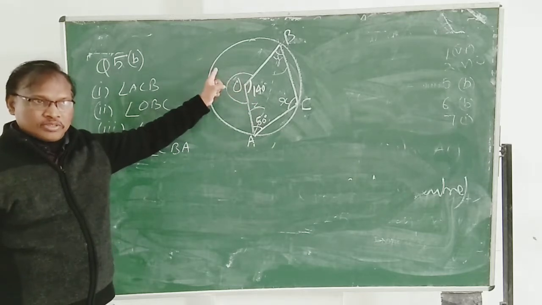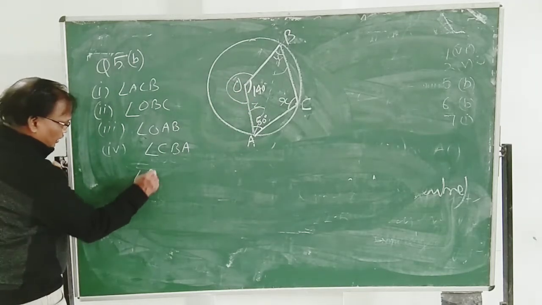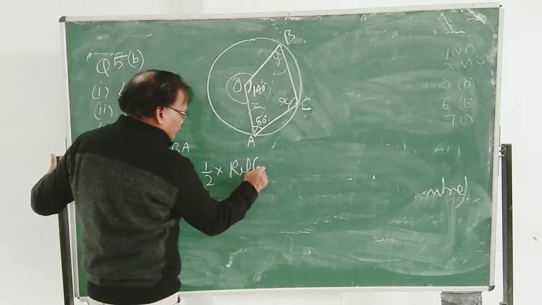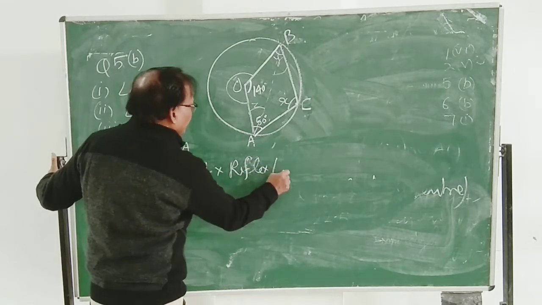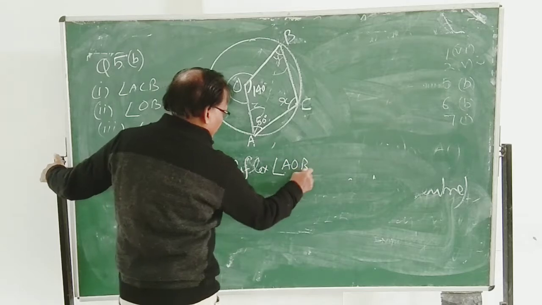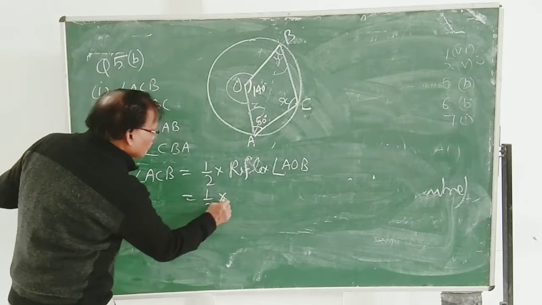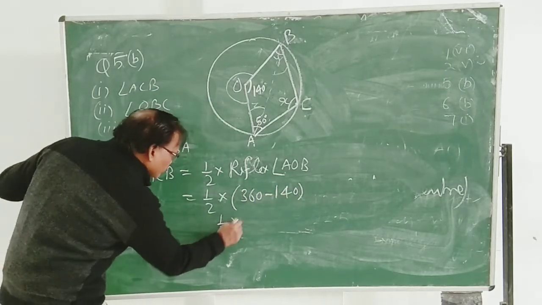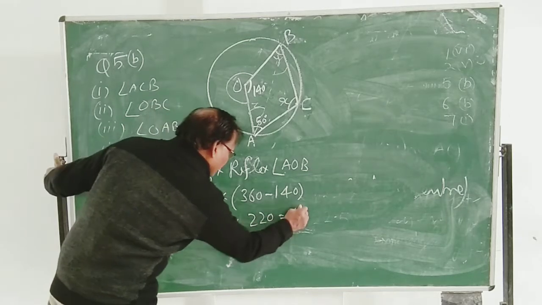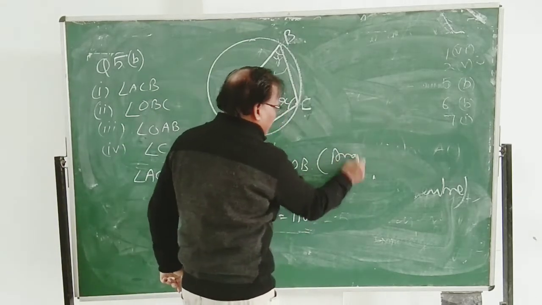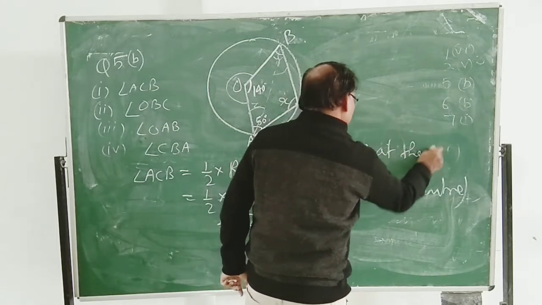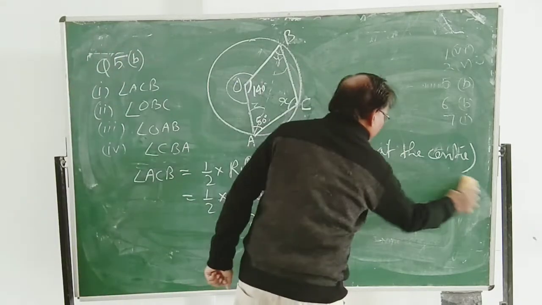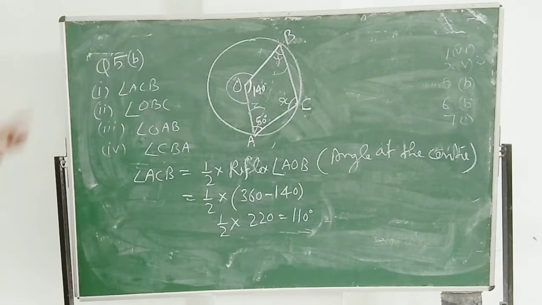So you will write here angle ACB is equal to 1 by 2 reflex of angle AOB, and this is equal to 1 by 2 into 360 minus 140, means 1 by 2 into 220, means 110 degree, and you will write here angle at the center. This is the reason. So x value निकलेगी 110.